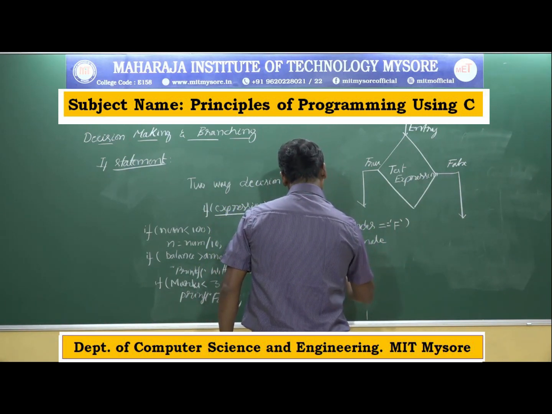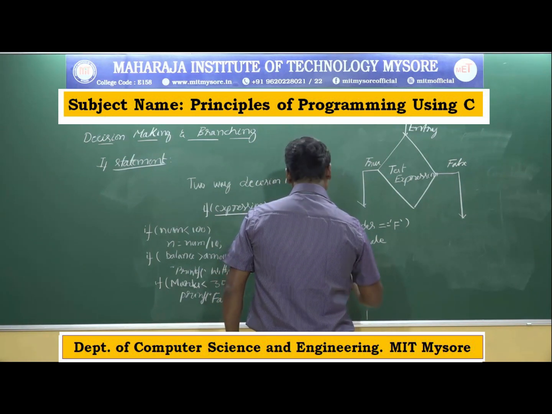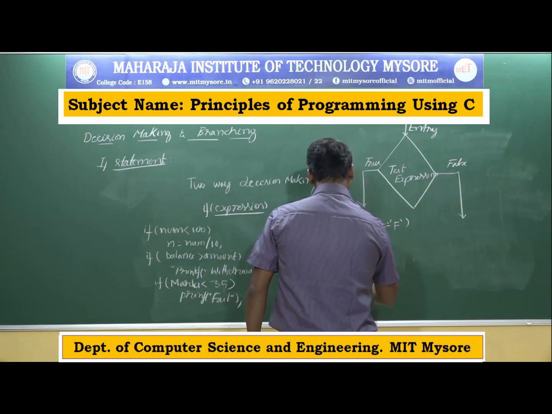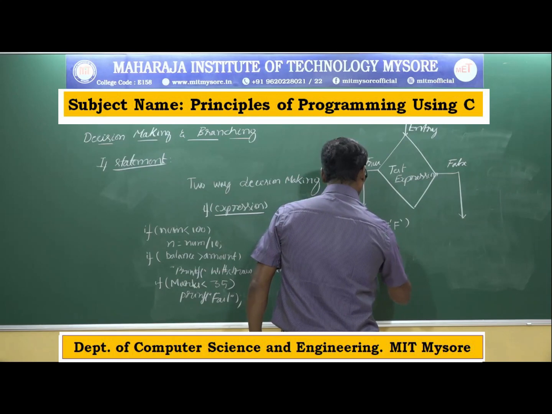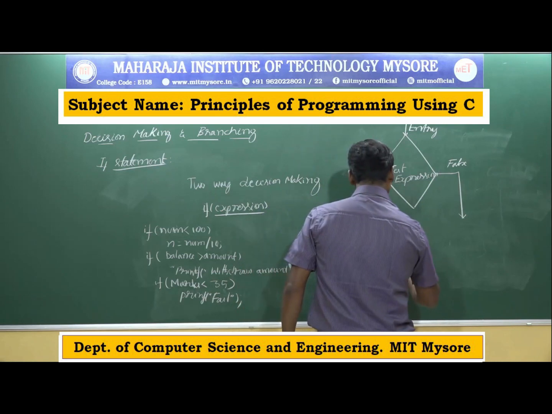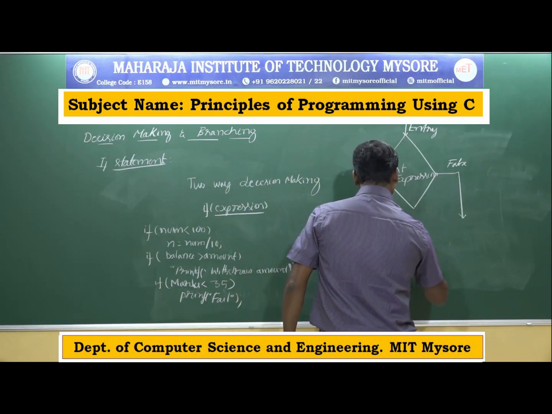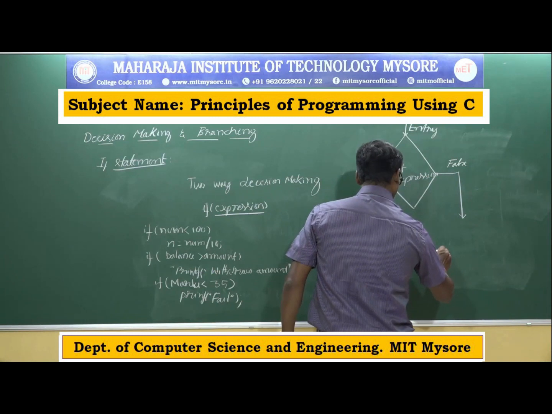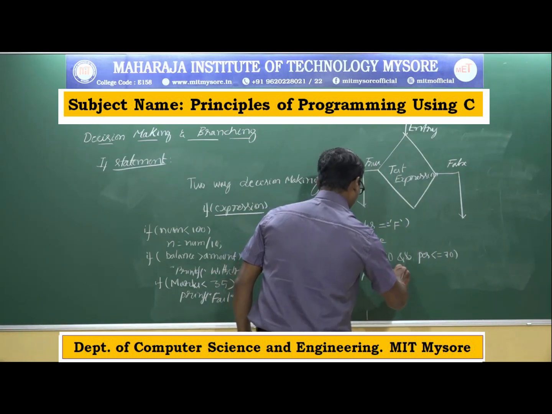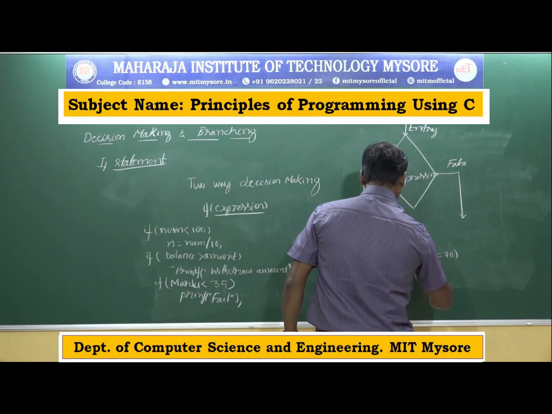Similarly, if percentage is greater than or equal to 60 and percentage is less than or equal to 70, printf first class.